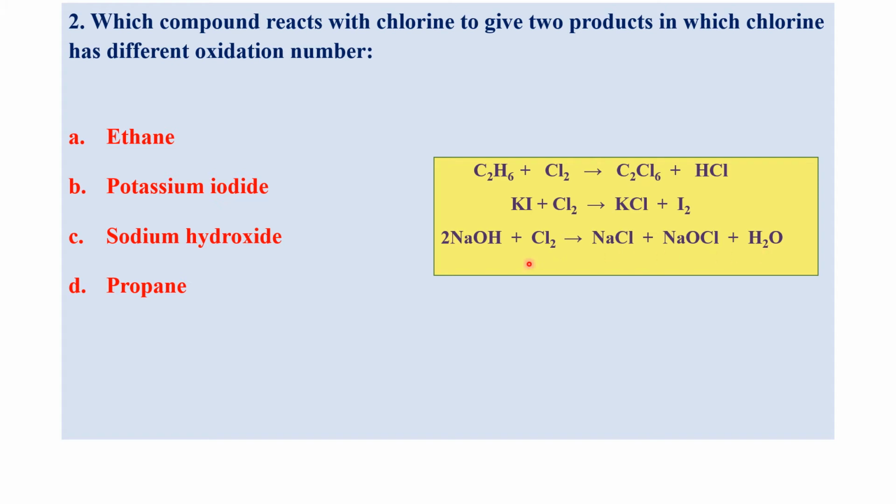If we look at the oxidation state of chlorine in Cl2, it is equal to 0 because it is present in elemental form, or we can say the molecular chlorine has 0 charge. In case of sodium chloride, sodium has +1 state, so chlorine will have -1 state.